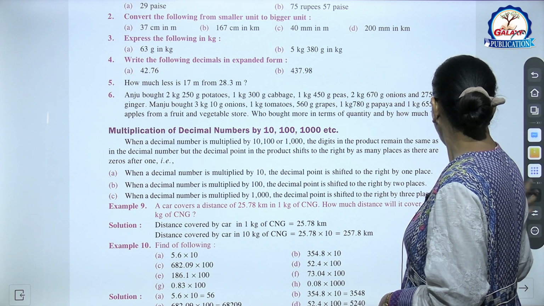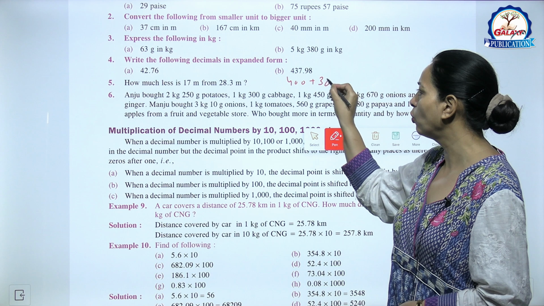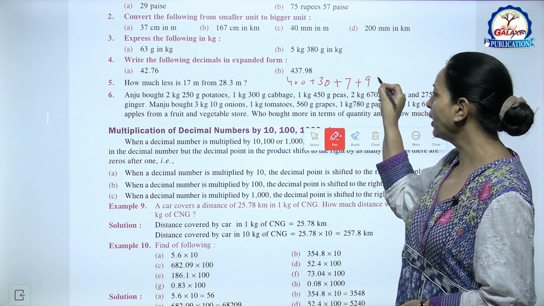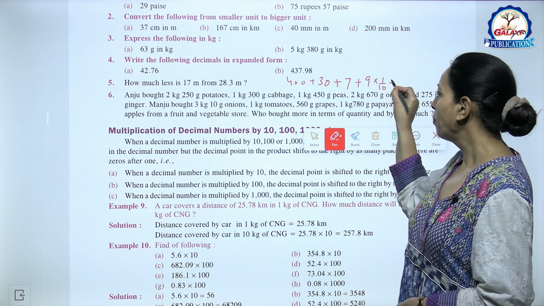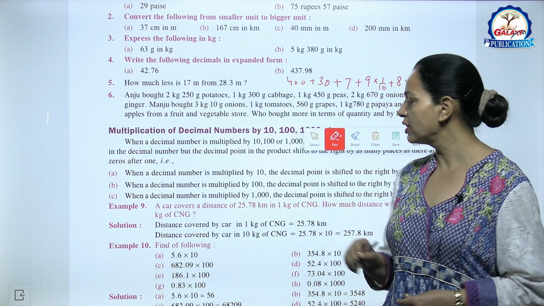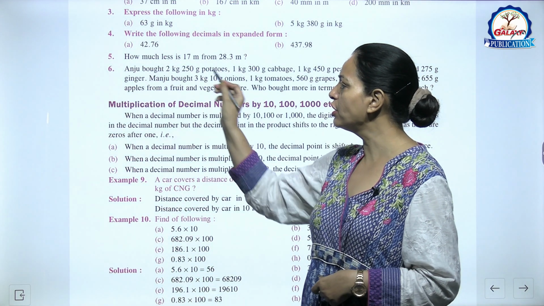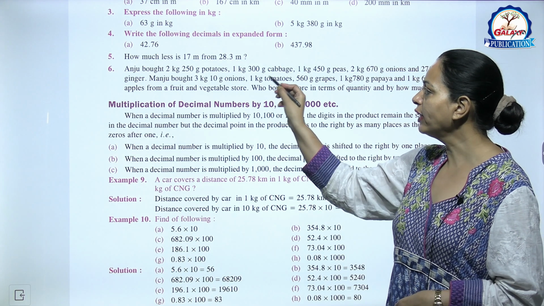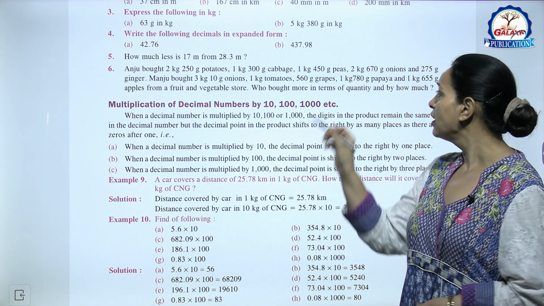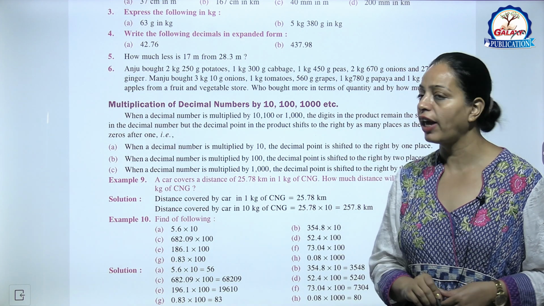Like B part, so how you will write it? 400 plus 3 into 10 plus 7 into 1 plus 9 into 1 by 10 plus 8 into 1 by 100. So this is the expanded form. Okay. Now sixth question, Anju bought 2 kg 250 gram potatoes, 1 kg 300 gram cabbage, 1 kg 450 gram peas, 2 kg 670 gram onions and 275 gram ginger.